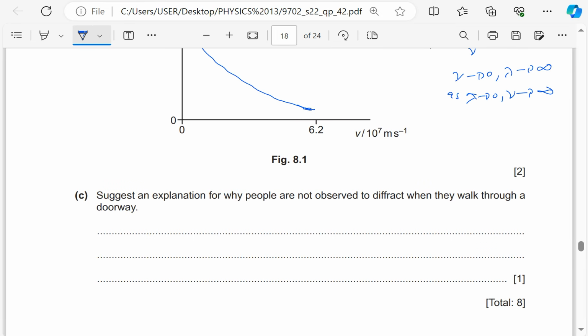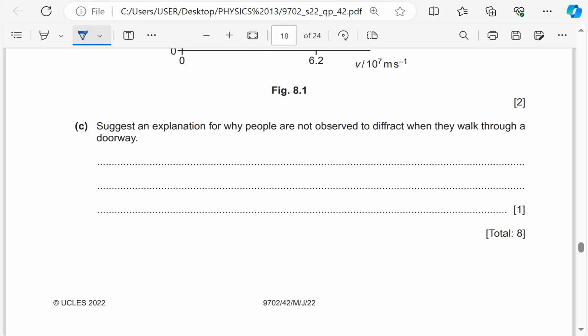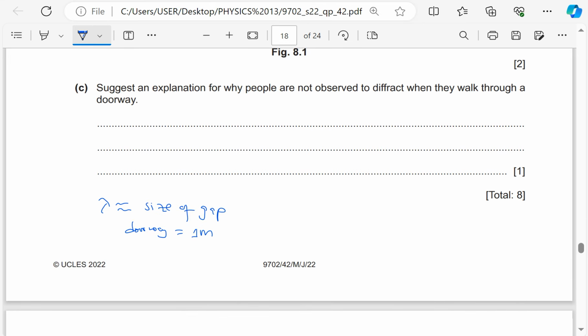Then suggest an explanation for why people are not observed to diffract when they walk through a doorway. Okay, let's first check: for diffraction to be observable, the wavelength should be approximately the same as the size of the gap. Let's say the doorway is approximately 1 meter.